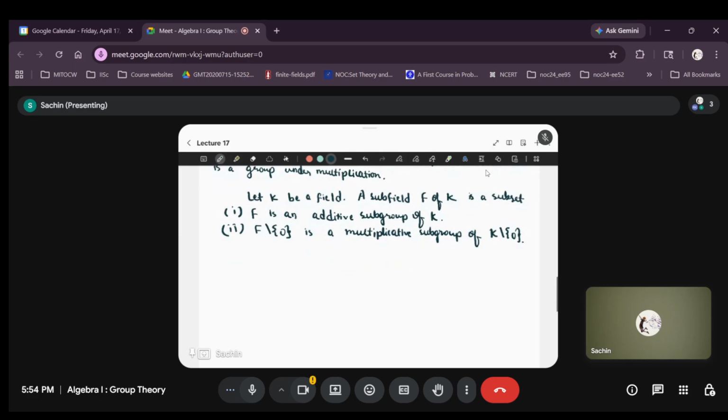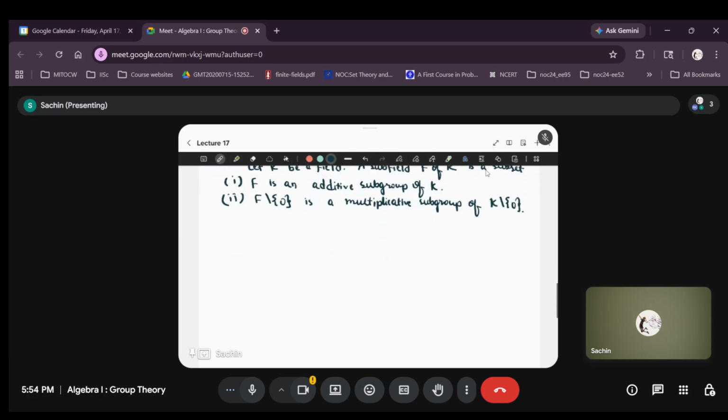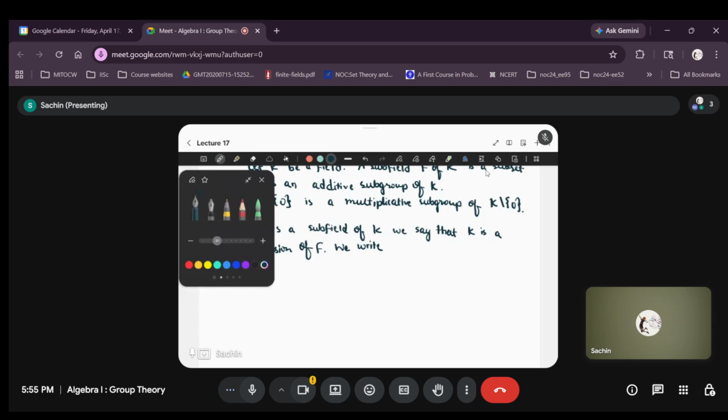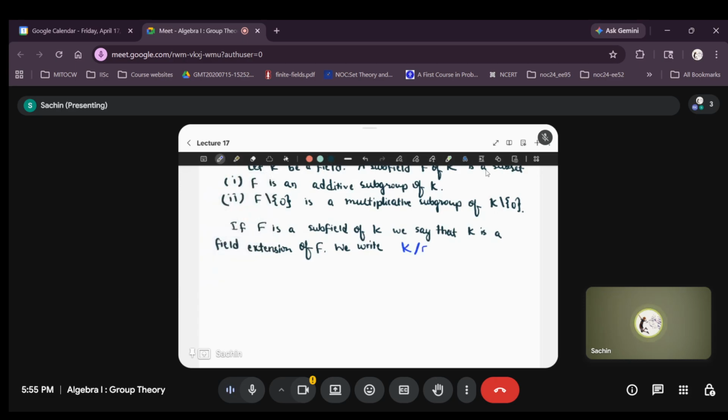Then next thing is that if F is a subfield of K, we say that K is a field extension or extension field of F. We write K by F is a field extension.